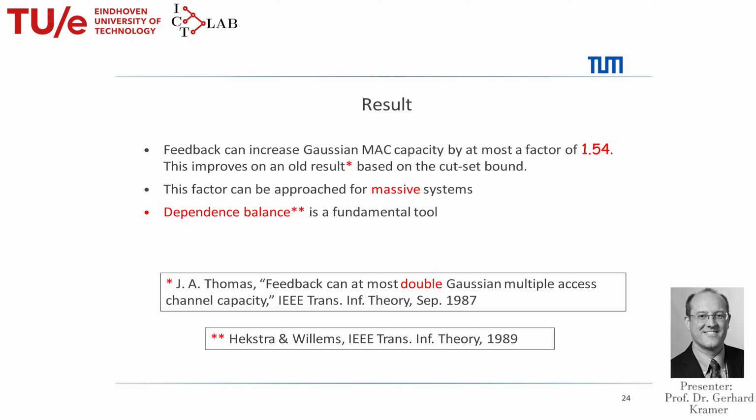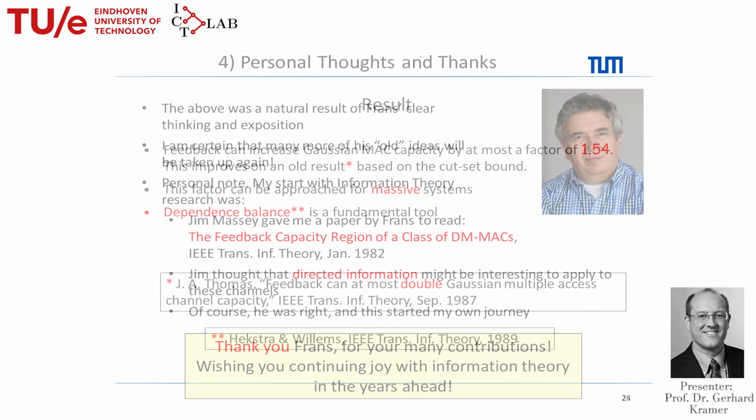Secondly, we don't have the capacity for asymmetric powers. Both problems, as far as I can tell, are still completely open. The hard part is finding achievable schemes. And I don't know if dependence balance is the right answer for all points. That's why I said it's a best tool. I don't know if it's the best tool, but at least I know it's a best tool for some points.